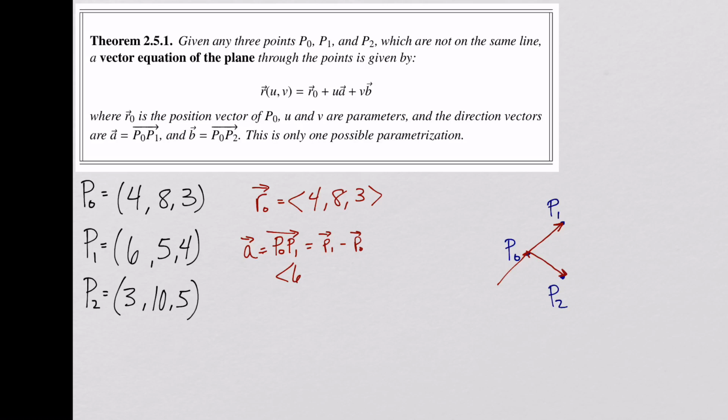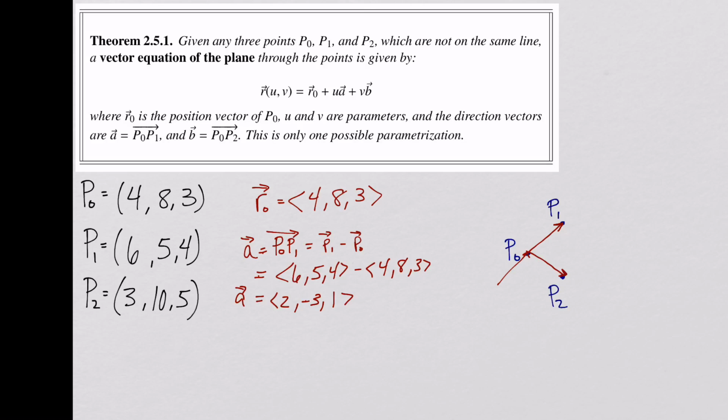So we can say 6, 5, 4 minus 4, 8, 3. That's going to be equal to 2, negative 3, and 1. Right, so that is A.